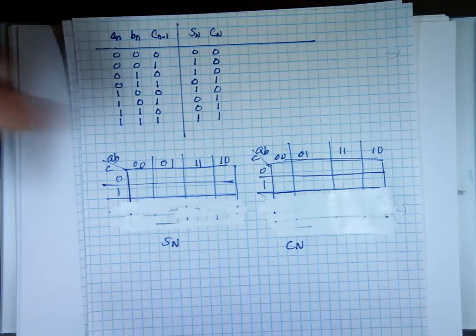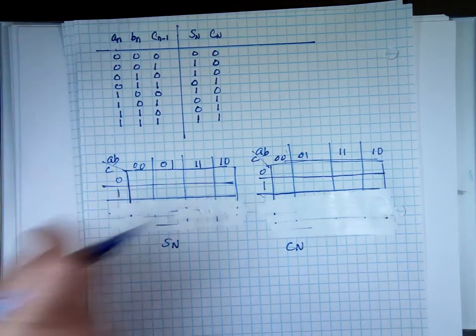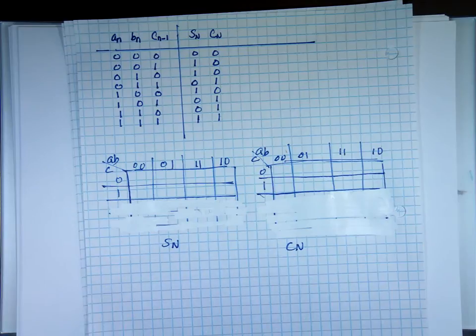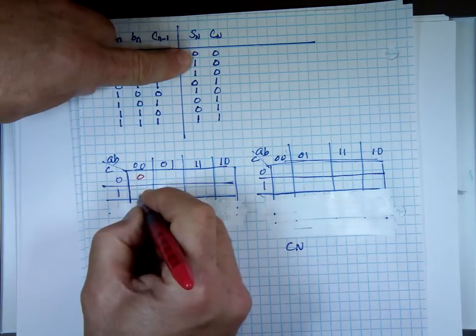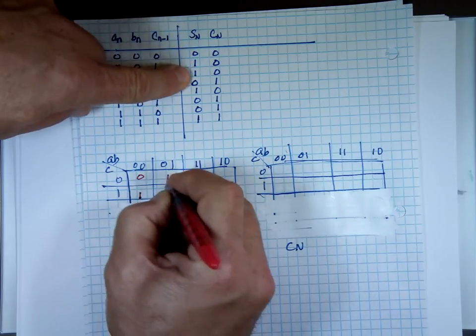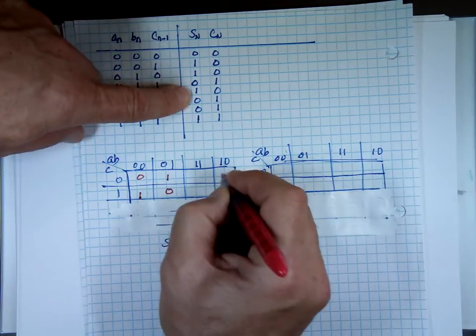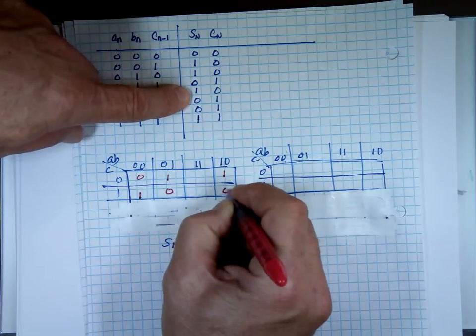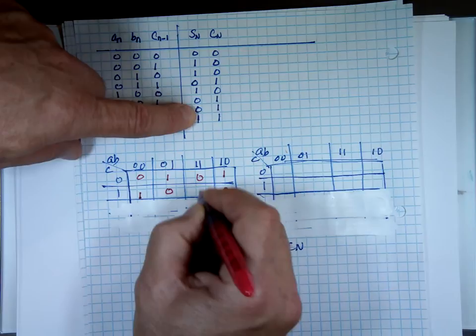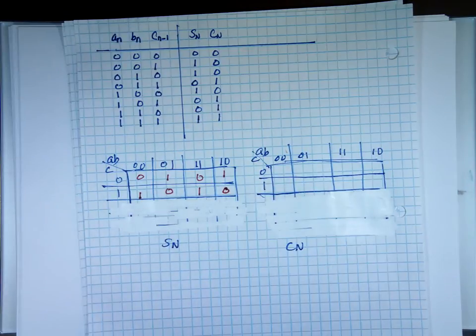So SN, let's write them. Let's put the values. 0, 1, 1, 0, 1, 0, 0, 1. Not nice. There's nothing you can do to simplify it. Nothing.